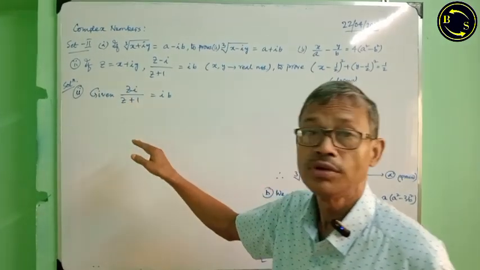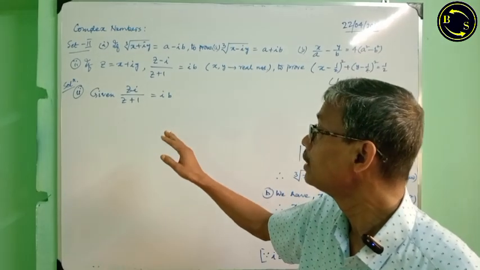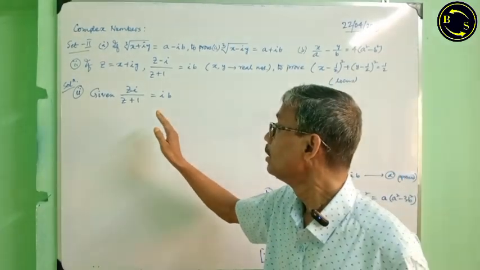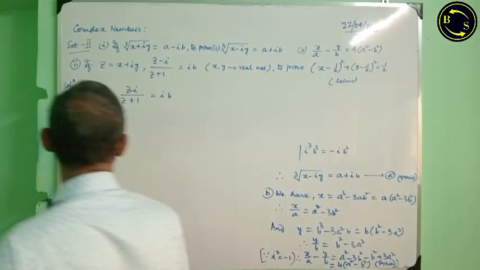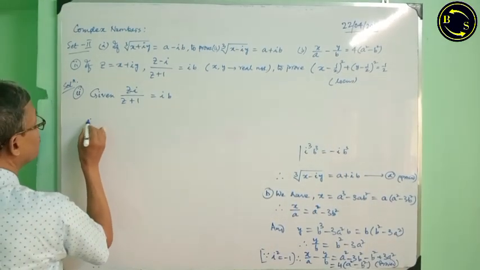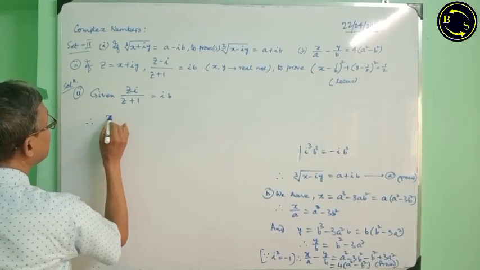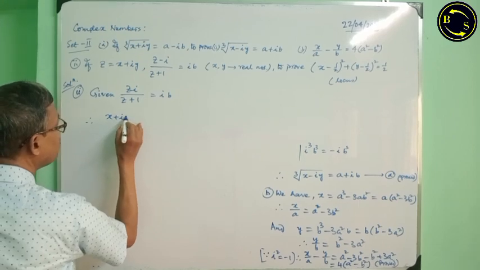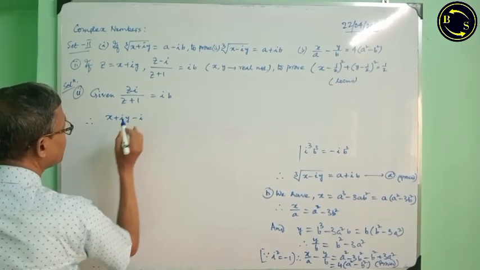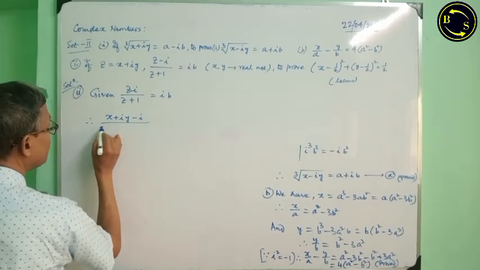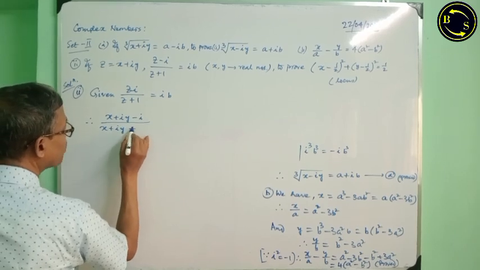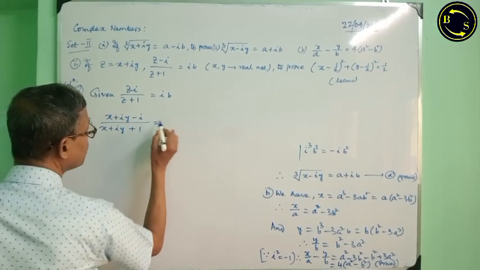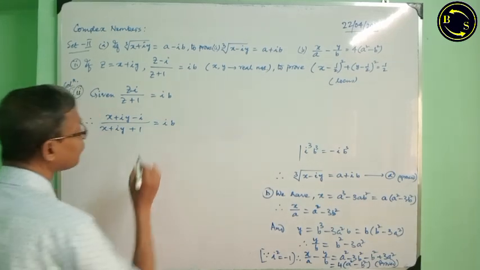We put the value of z and arrange the left hand side. Therefore, (x plus iy minus i) divided by (x plus iy plus 1) is equal to i.